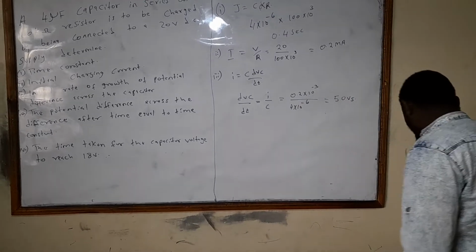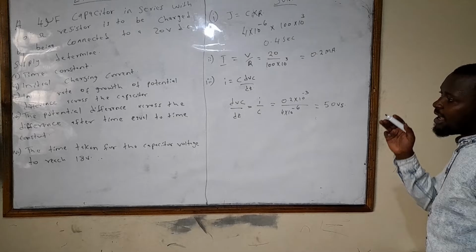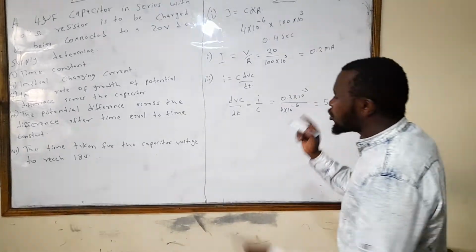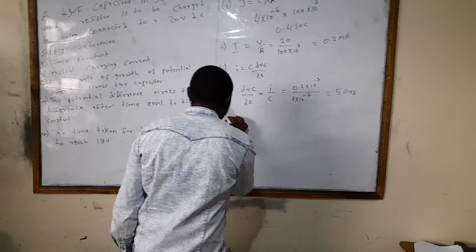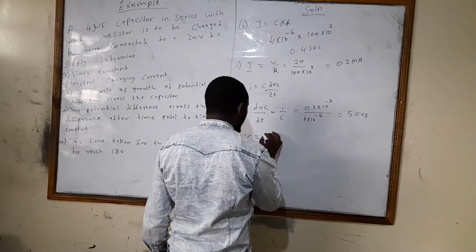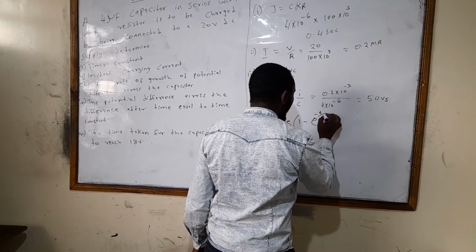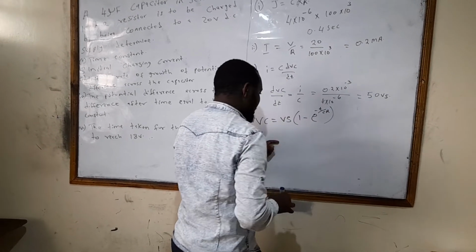The potential difference across the capacitor after a time equal to the time constant. That is Vc. In our formula, we derived that Vc is equal to Vs times 1 minus e power of negative t over CR.